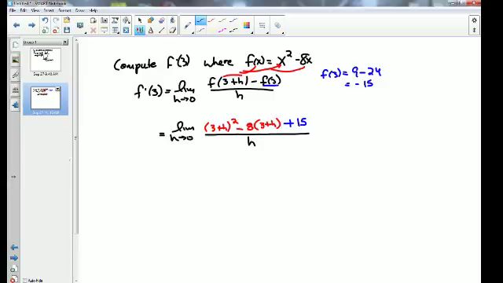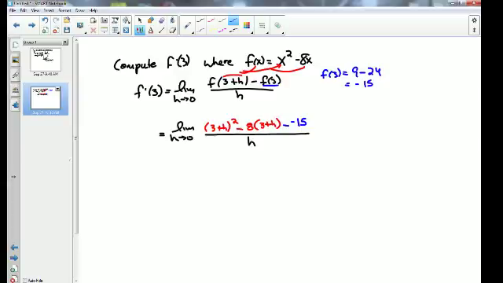Do you know why I put plus? Subtract negative 15, so minus negative 15. Are you comfortable with where we got all that? Where are you stuck?